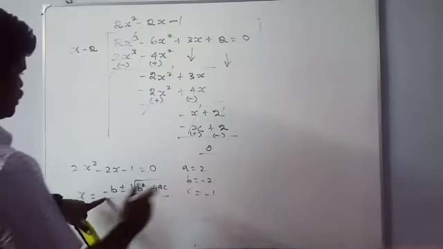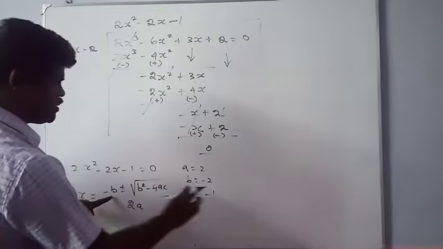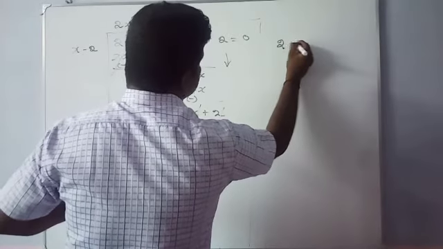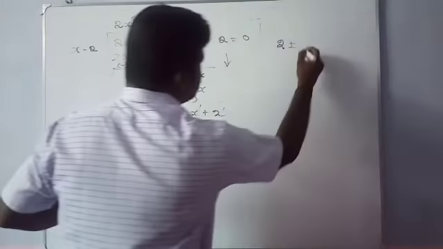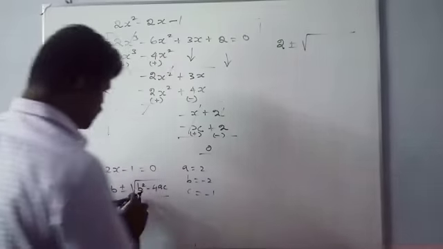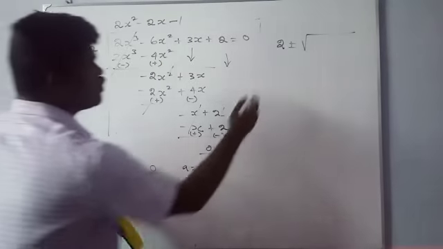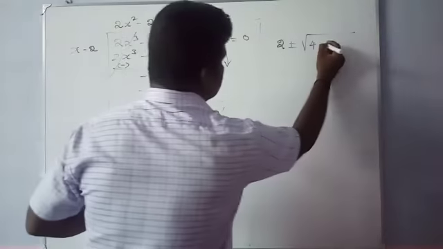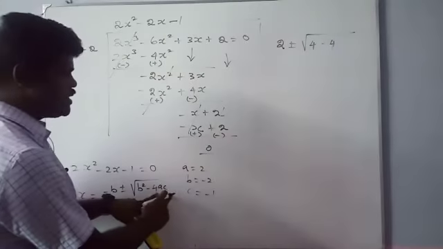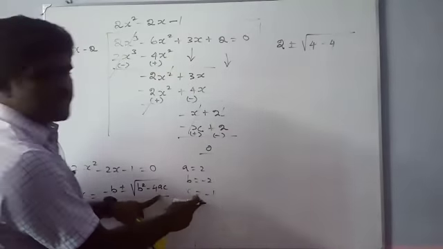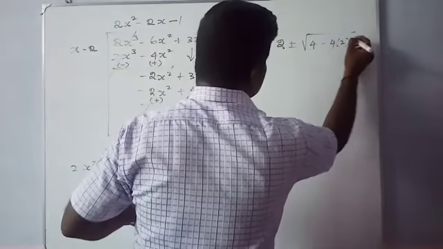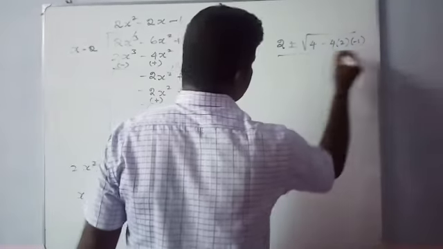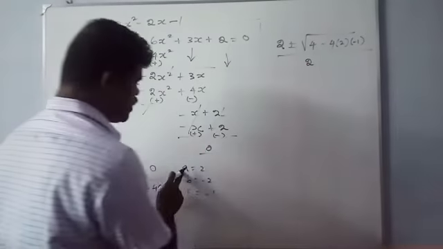Apply the values here. Minus b is minus 2, so plus 2. Plus or minus root of b square, which is 4, minus 4 into ac. A value is 2, c value is minus 1. Divided by 2 a, which means 4.